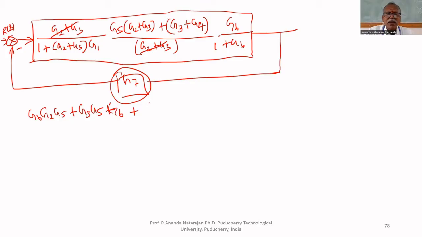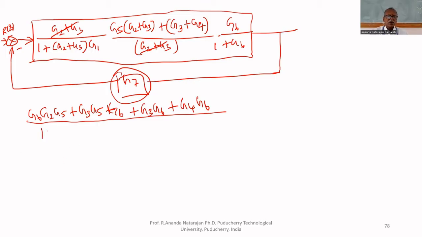Then here, what you will get? G3, G6 plus G4, G6. Am I correct or not? Check whether I am correct or not. G6 is outside for all, that's why we have to multiply everything by G6.